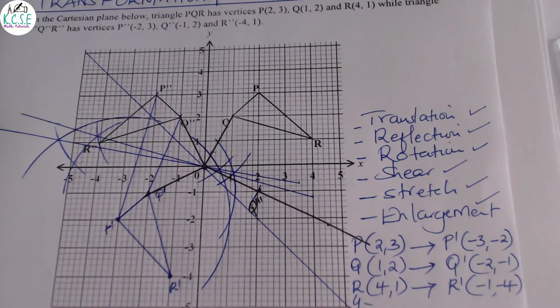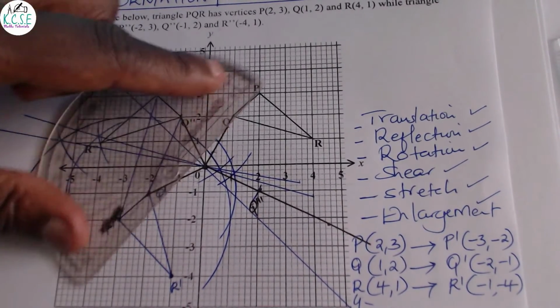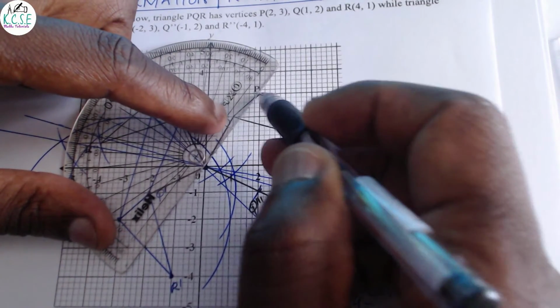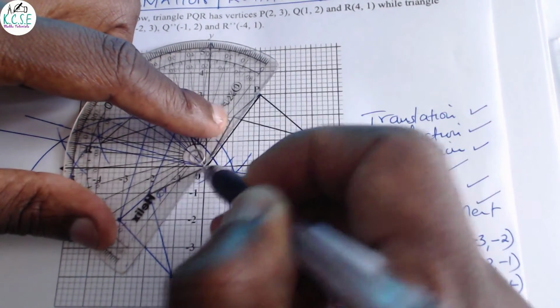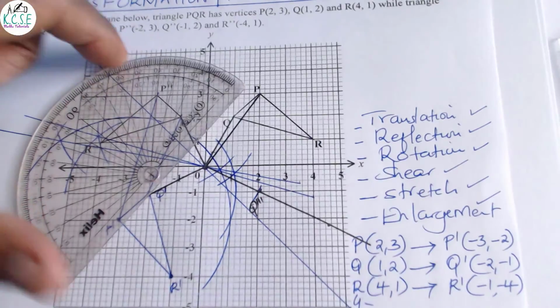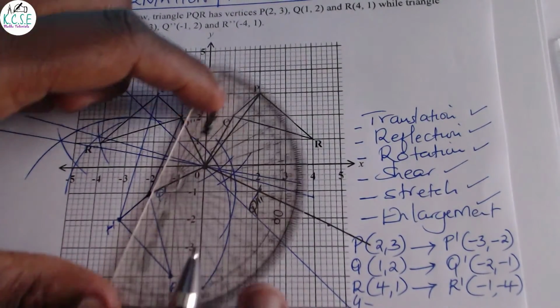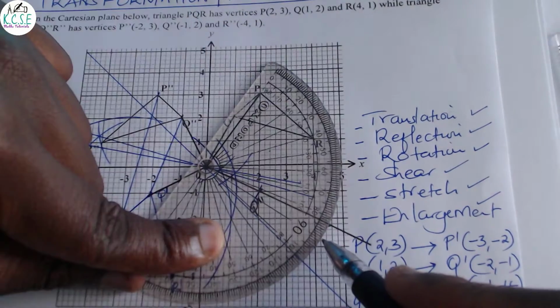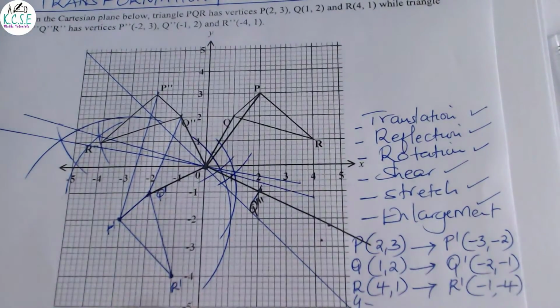P, we do the same for P. So join P to the center of rotation. It is here. Then after joining, measure 90 degrees so that you don't make mistakes here.